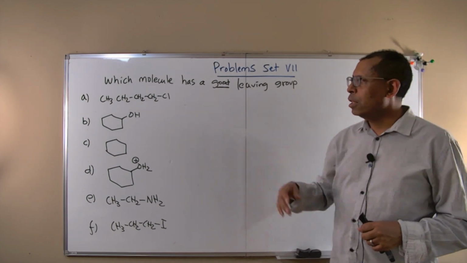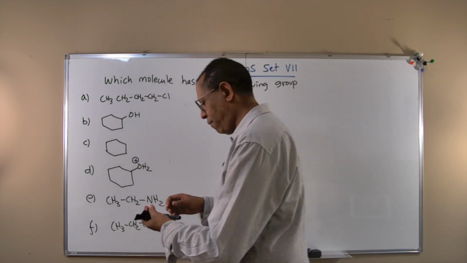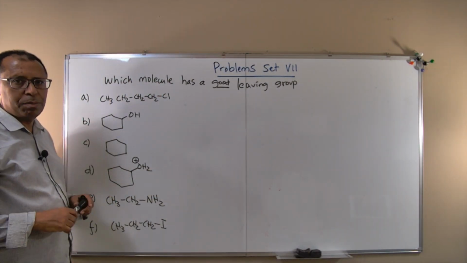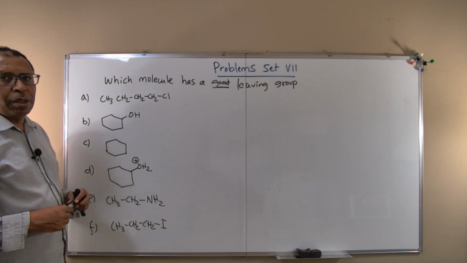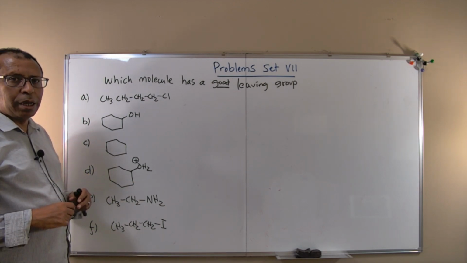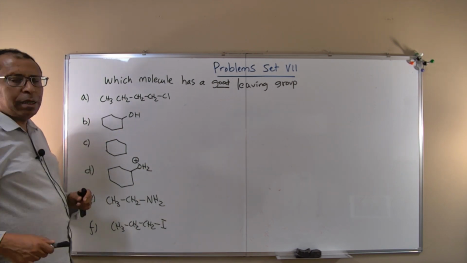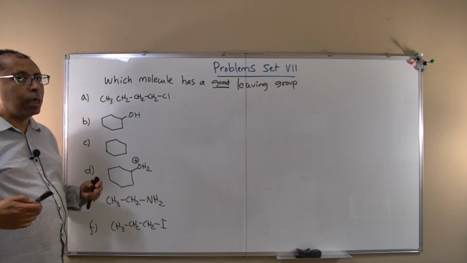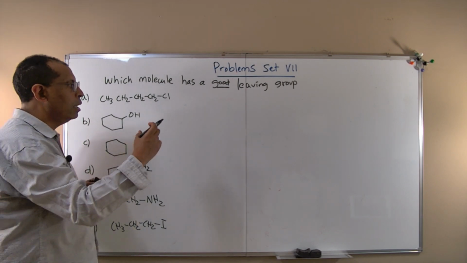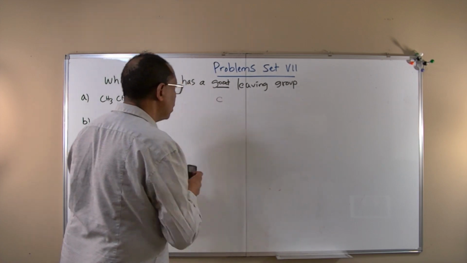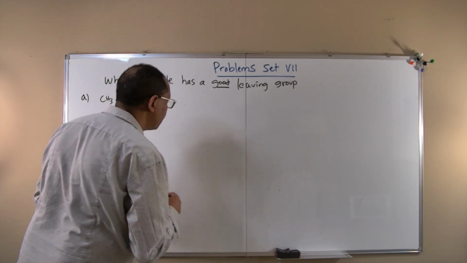In this first question, obviously this is an alkyl halide. Most alkyl halides react as electrophiles for a nucleophilic substitution, and obviously chloride is a good leaving group, because chloride can carry a negative charge as it leaves.